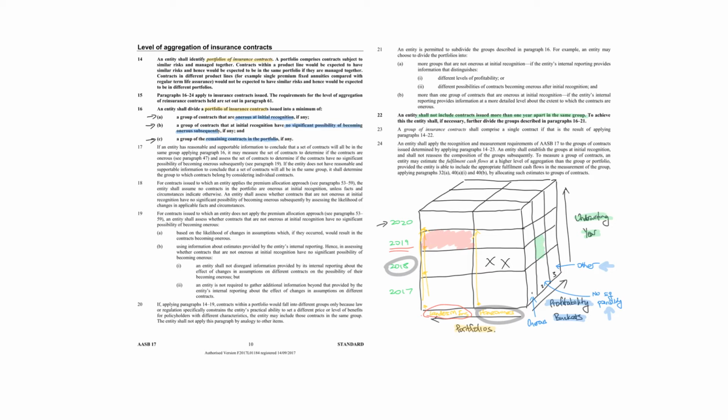So let me just go through another short example. I have a blank canvas in front of me, and I'm going to draw a table. So let's just say this insurer is selling lender's mortgage insurance business.